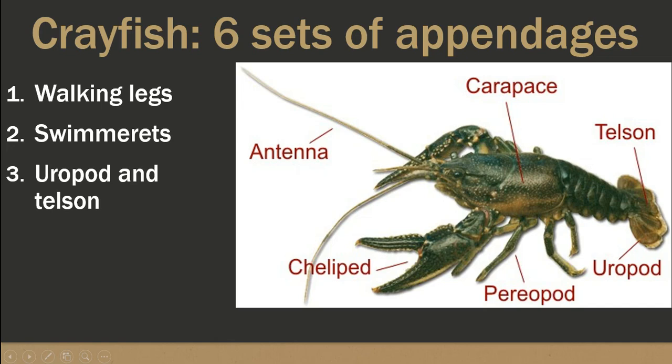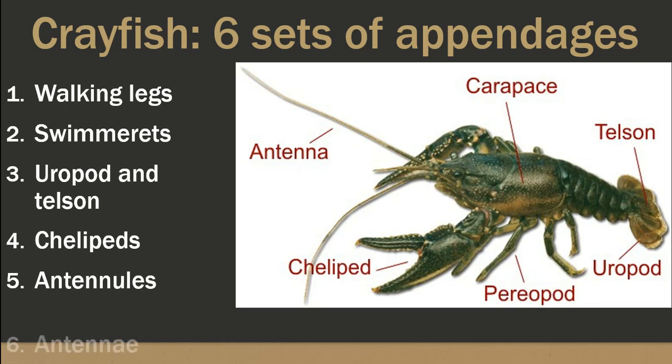Remember they use that for movement and like a fin, swimming through the water. We have the kilopeds or chilopeds right here for defense and for capturing prey. The antennules are the smaller ones, small off the head, and then the antennae, the longer ones right here. Okay, so we should see all of those on our little critter. Make sure and write those down.